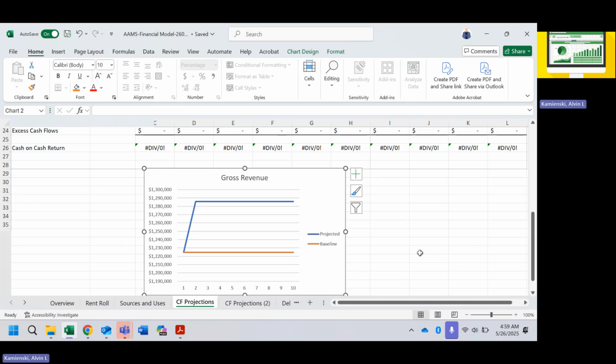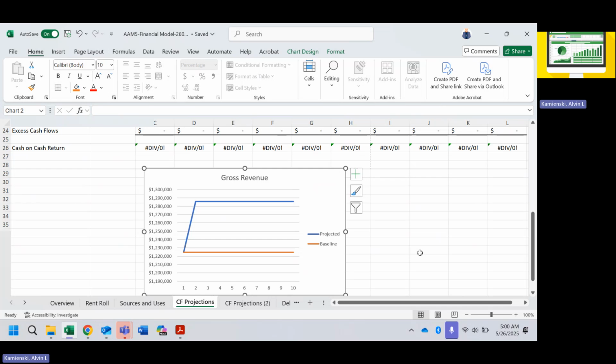Oh, look, you don't have a formula up here. This is where you have equals. You have to go to the rent roll, pick that one, and then do the same thing. Equals, and the rent roll being all these ones here. And then you need to do those all the way down.